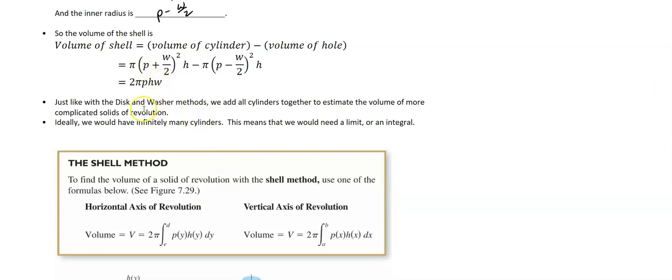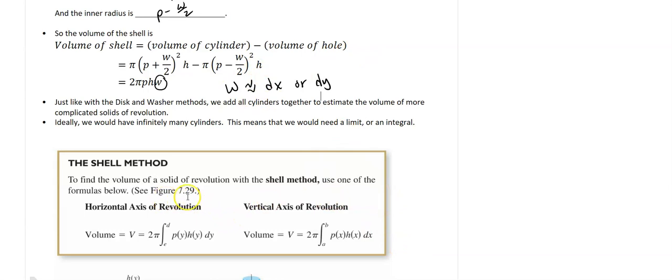Now, ideally, we would have infinitely many cylinders, which would mean that the width of the cylinders would be getting smaller and smaller and smaller. So the W in this formula, when we talk about infinitely many, is going to be approximately dx or dy, depending on whichever direction you're going.